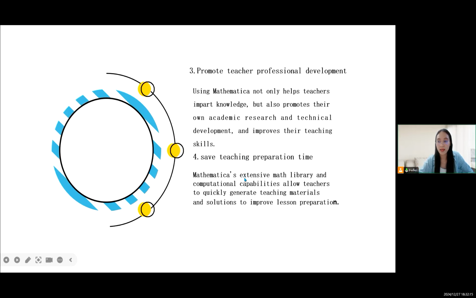For example, I can give all of you an example. Teachers can use mathematics to randomly generate a set of exercises that meet the teaching objectives and automatically provide answer analysis. And using mathematics' reporting function, it can quickly generate high-quality courseware containing graphs and formulas.